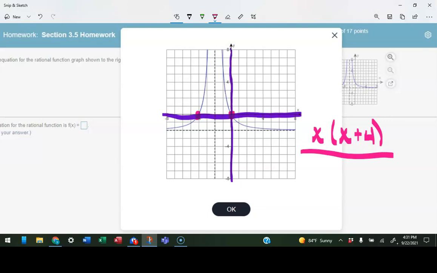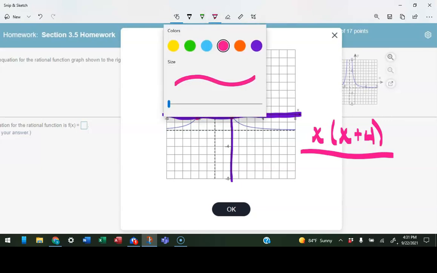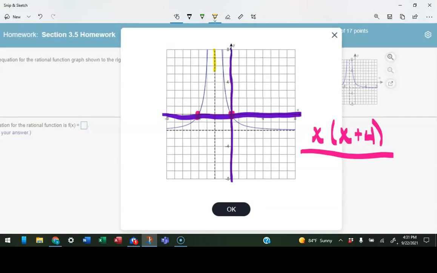So I have a vertical asymptote right here, and remember your vertical asymptotes are going to reflect in your denominator. So I have a vertical asymptote that is slicing through the x-axis at negative 2, so my denominator needs to have an x plus 2 in it. So far we're good to go.